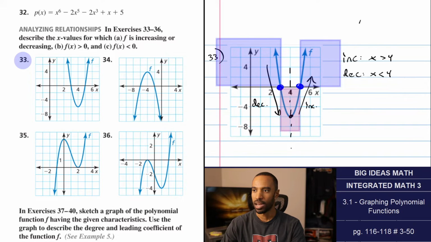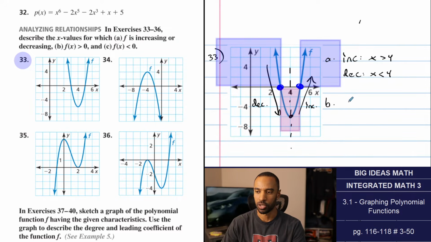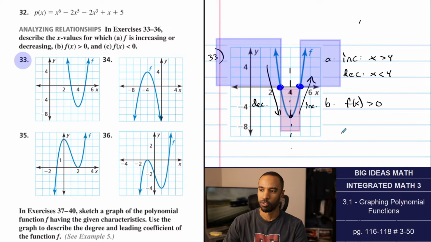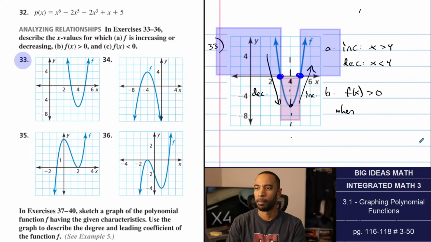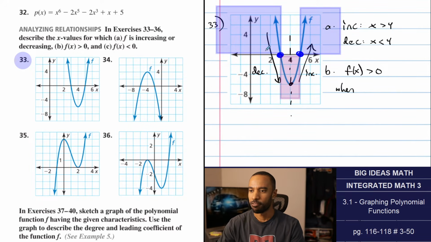So this was part A. Part B is when is f of x greater than 0? F of x is greater than 0 in the interval when, I don't know if I say when or during or on.